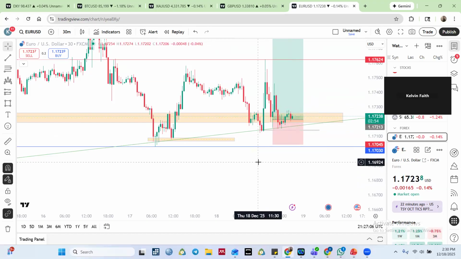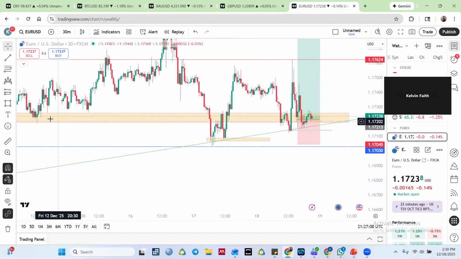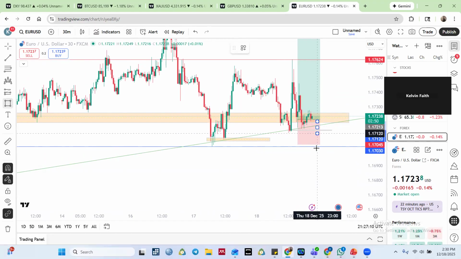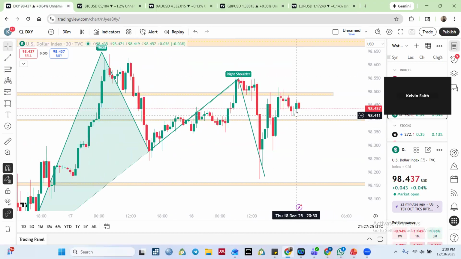Because I understand that with the head and shoulder, the moment your head is crashed, you are done. So once the head is crashed, I will now be looking for sales. But I'll wait for price to retrace back up. Then I'll find sales. The same thing is on the DXY. The DXY is supposed to sell from here.